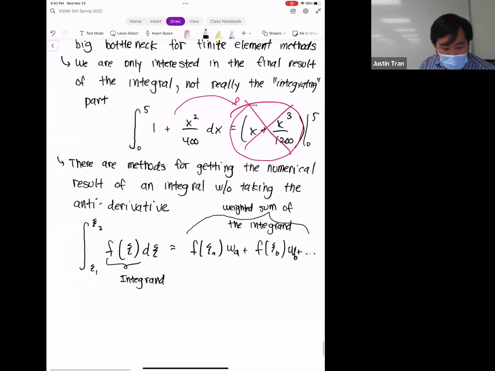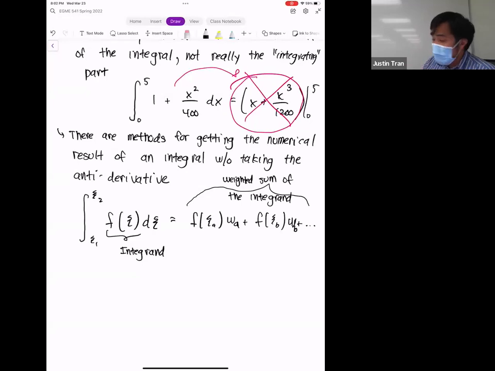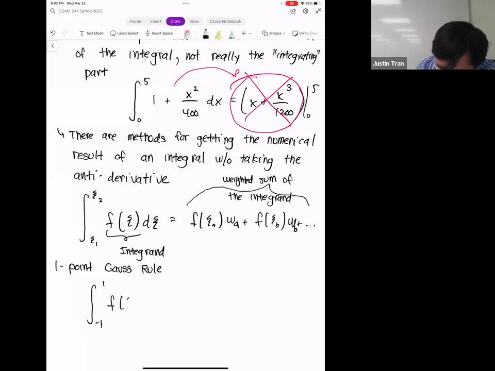I'll give you one very simple example. This is the 1 point Gauss rule. If you have an integral between -1 and 1 of some f of zeta d zeta, one way that we can evaluate this integral is, we don't take the antiderivative, we just take f just as it is, plug in zeta equal to 0, and then multiply it by 2.